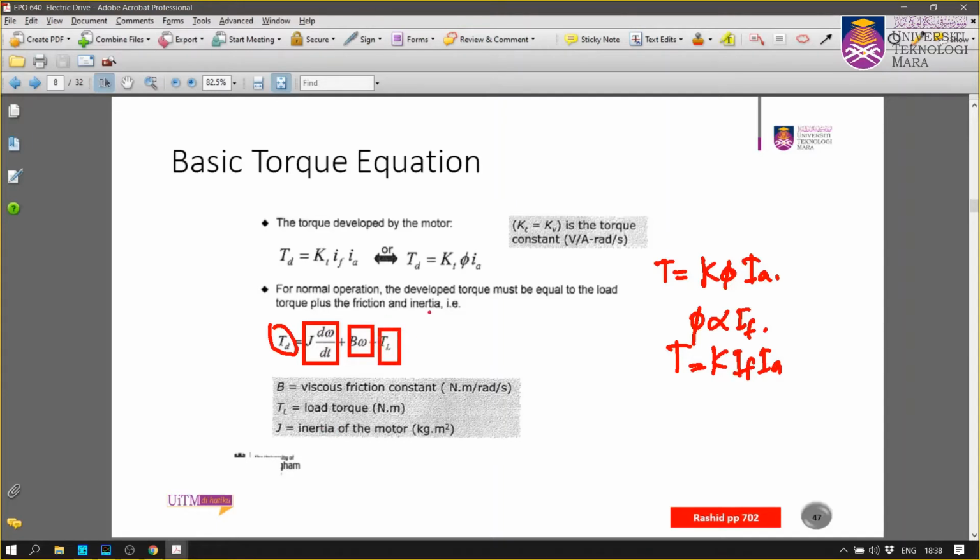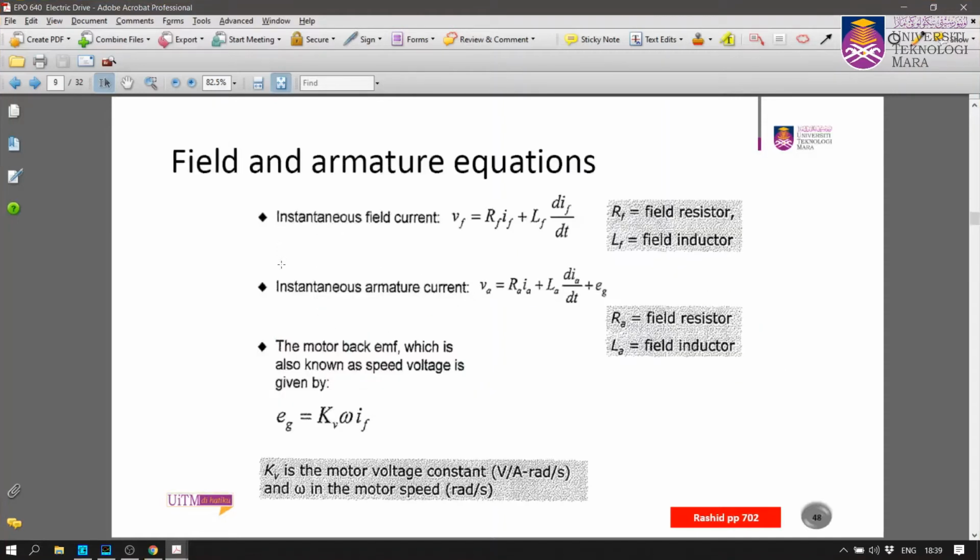Okay, so the combination of those three, the torque from inertia, from the friction, as well as the load torque, must equal the developed torque by the machine. And if you want to move your machine, then you have to make sure that they are equal.